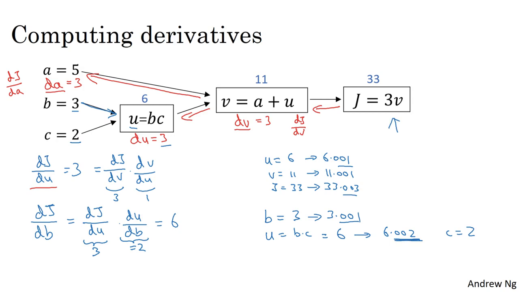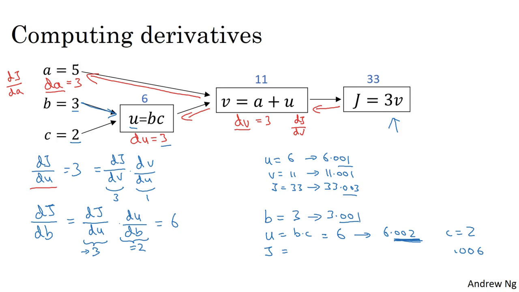The fact that dj/du is equal to 3 tells us that when u goes up by 0.002, j goes up 3 times as much. So j should go up by 0.006, and that comes from the fact that dj/du is equal to 3.